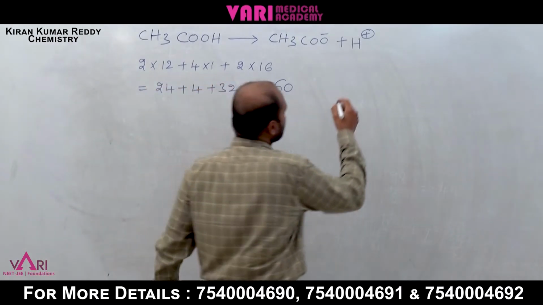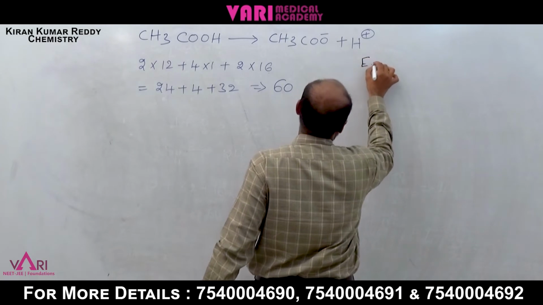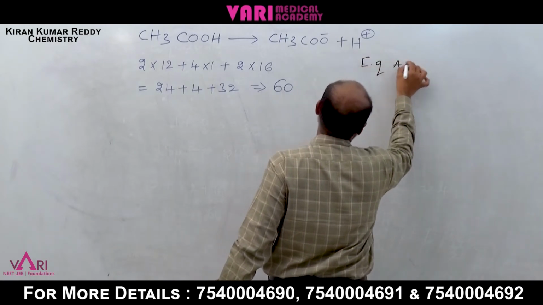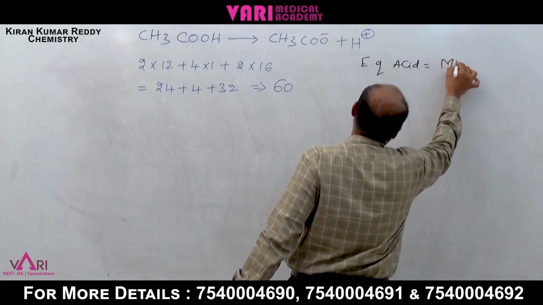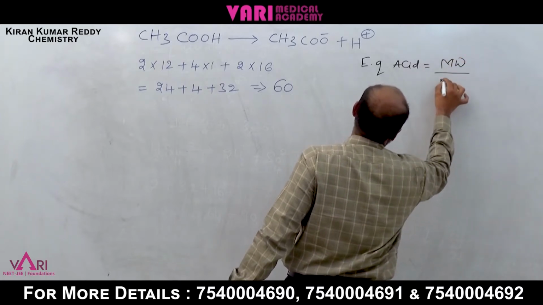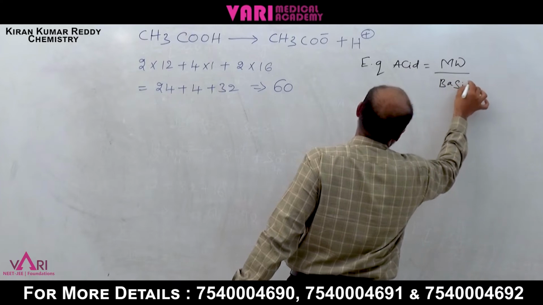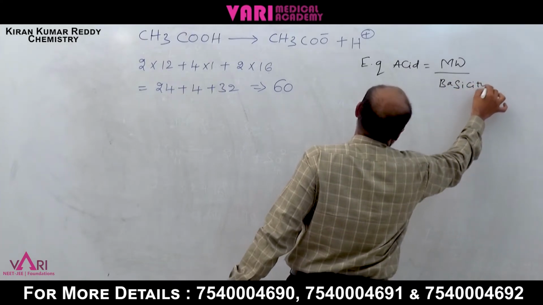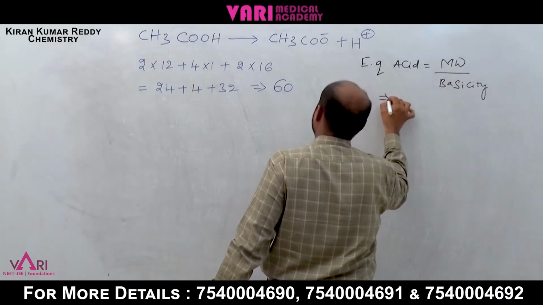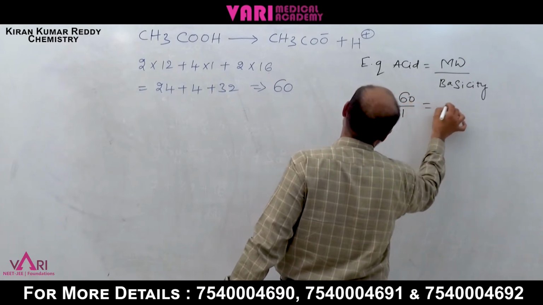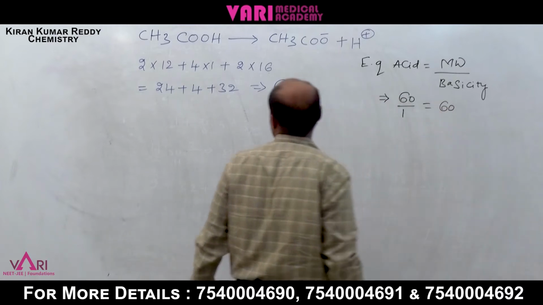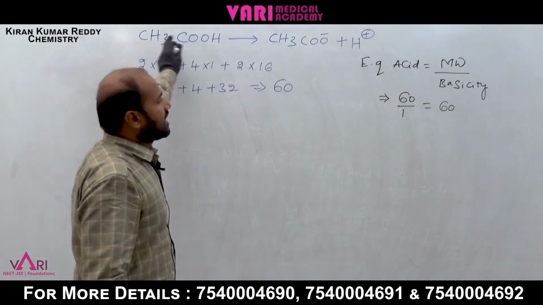What is the formula? Equivalent weight of acid is equal to molecular weight by basicity of the acid. Here it is 60, how many replaceable? 1, that is equal to 60. What is the gram equivalent weight of acetic acid?